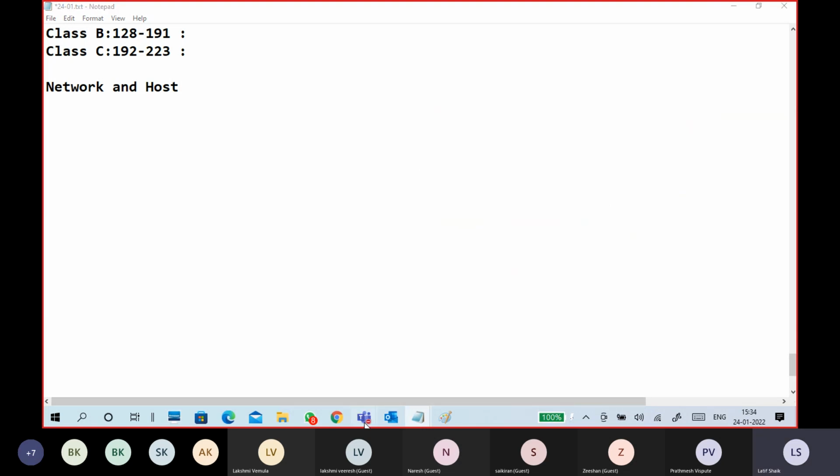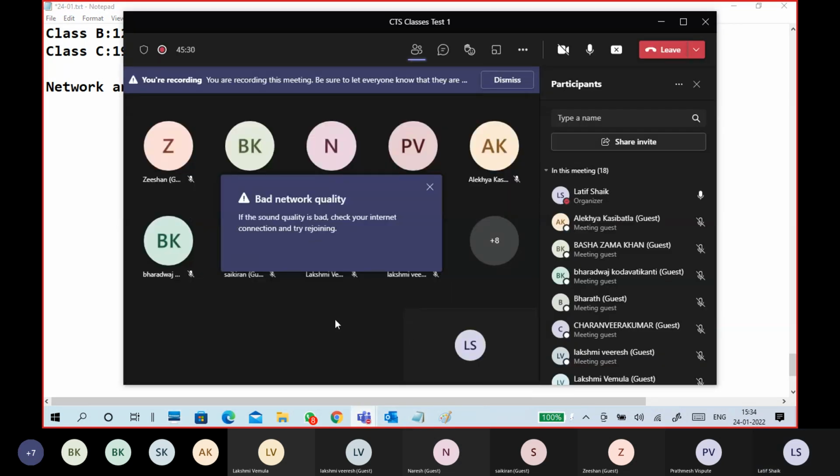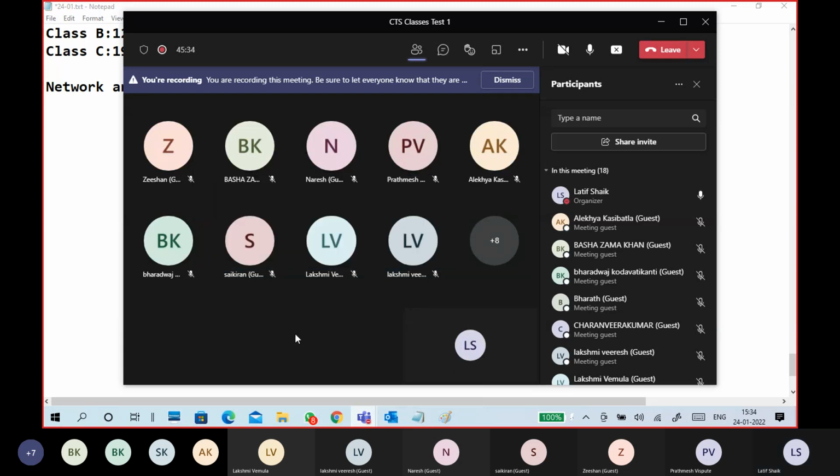What happened? Is it disconnected or what? Bad network quality. What happened to my network quality?